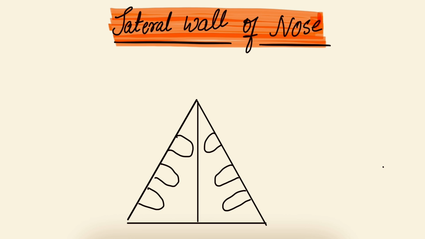As you can see, this is a cut section from the nose, and here we can see the nasal cavity. This is the lateral wall, and this is the nasal septum.